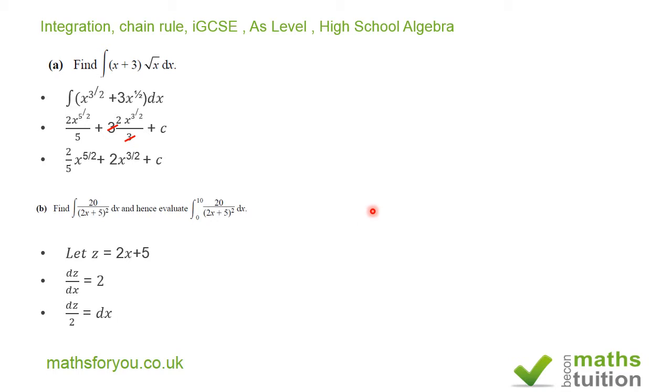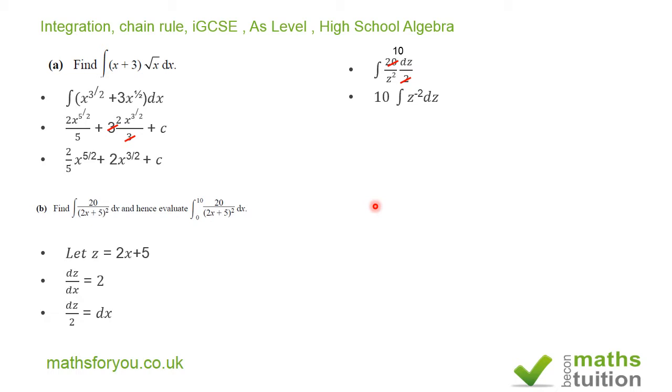So now I end up with 20 over z squared times dz over 2 there. Now, I can divide the denominator and the numerator by 2, so I end up with 10 over z squared times dz, and that's what I got there.